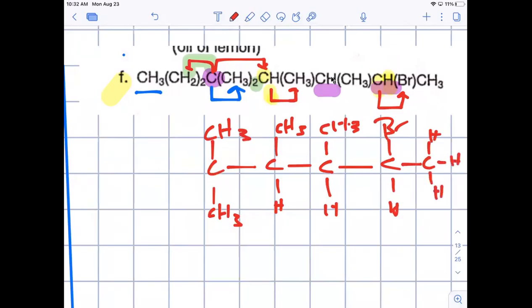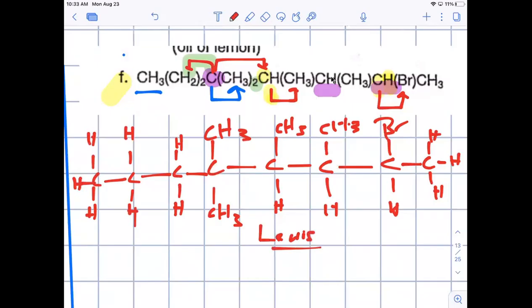And then to the left of that purple carbon, you have two CH2s and then a CH3. Anybody not see that? So this is the Lewis form. All right, yes, no?